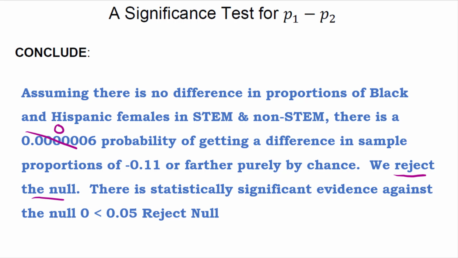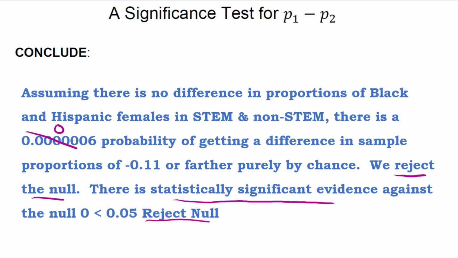In this case, we have statistically significant evidence against the null. So therefore, we reject the null. What I underlined there is exactly what the readers are going to look for when they're grading your test. Like myself, when I'm grading the test, I'll be looking for this type of wording to see if you put that in there.